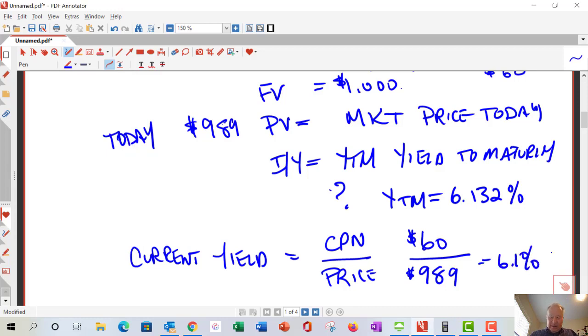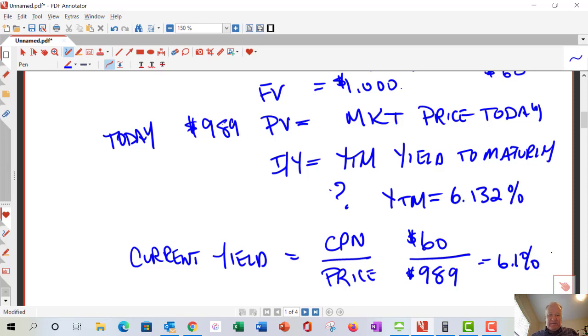Okay, so because this bond is trading pretty close to par value, if the price was 1,000, it would be selling at par. Selling below par, it's selling at a discount or trading at a discount. Above par, it's trading at a premium, right? Those prices can fluctuate daily.